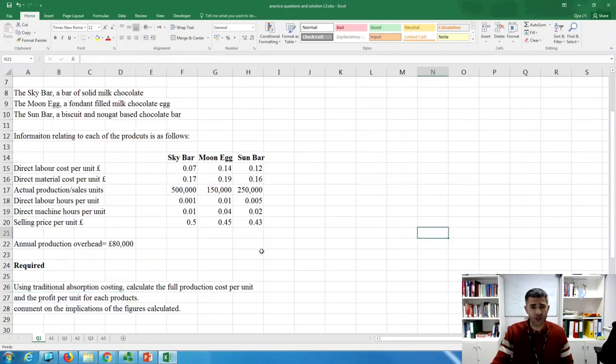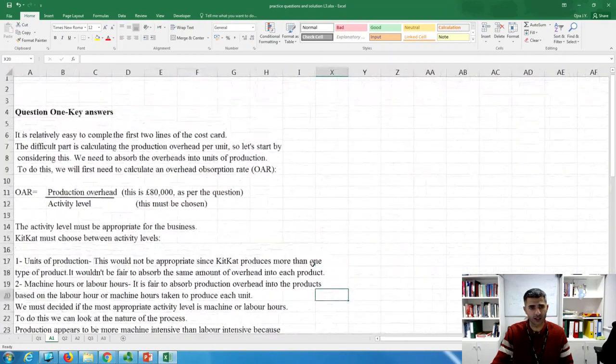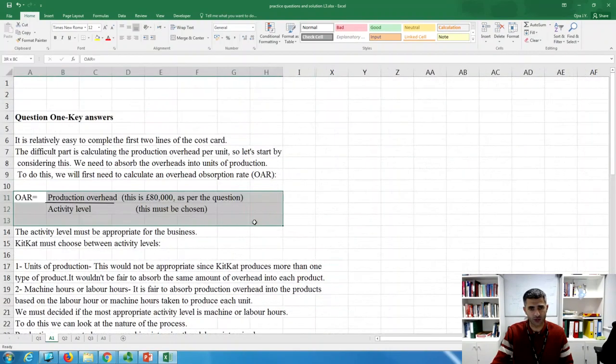When it comes to traditional absorption costing, the first thing you need to do is calculate something called OAR, which is overhead absorption rate. Remember the formula: the production overhead divided by the activity level.